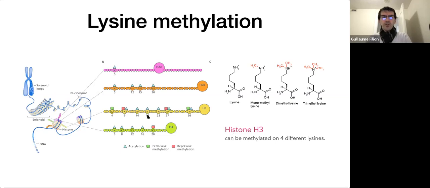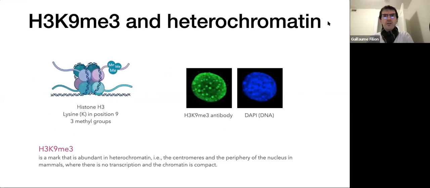And so histone H3, as I said here, can be methylated on 4 key positions, and we're going to see a little bit what these positions are and what they do. So one of these positions is H3K9Me3, and that's important for the formation of heterochromatin. So here, that's a little sketch. You got the 3 methyl groups that are here.